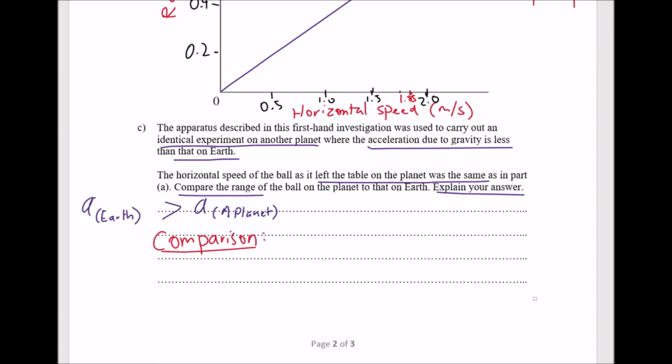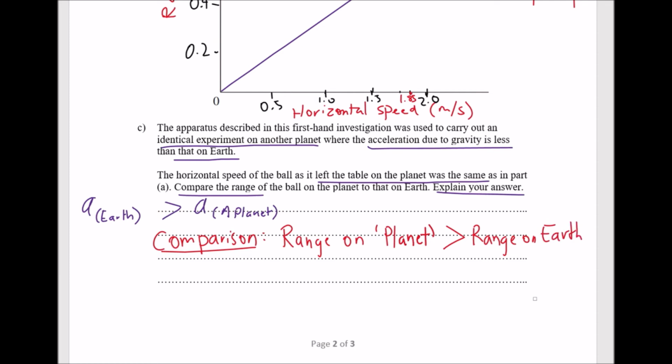So the comparison would be the range on planet would be bigger than range on Earth. Okay, so that's the comparison I've done there.